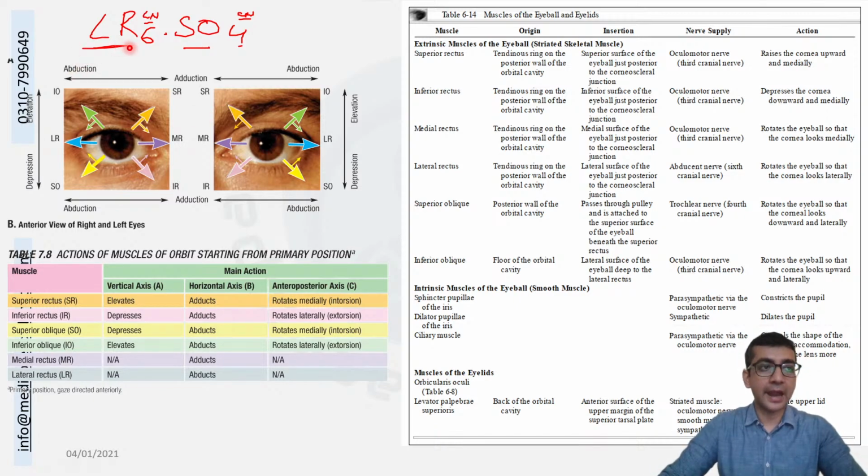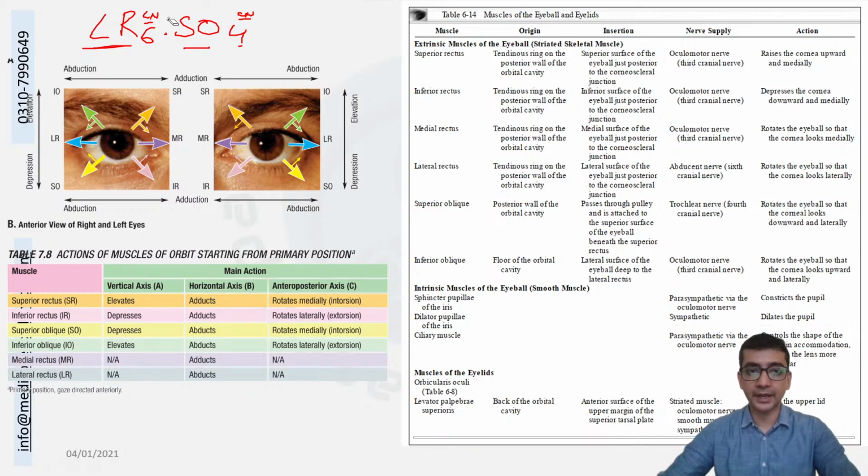Lateral rectus abducts the eye, and cranial nerve number 6 is named the abducens. And superior oblique passes through the trochlea before changing direction, and in honor of that, the nerve is named the trochlear nerve. And we are left with all the rest of the muscles.